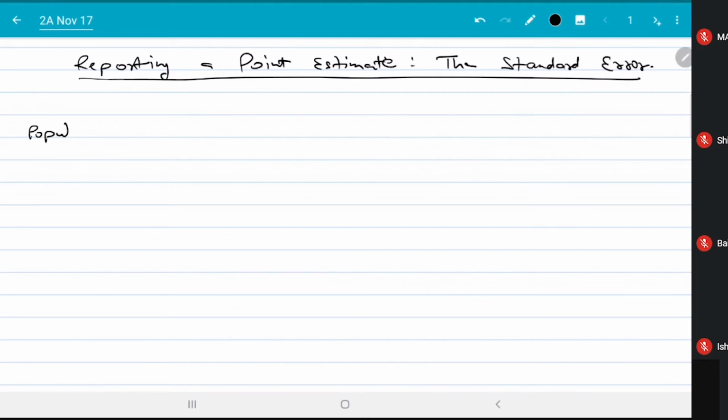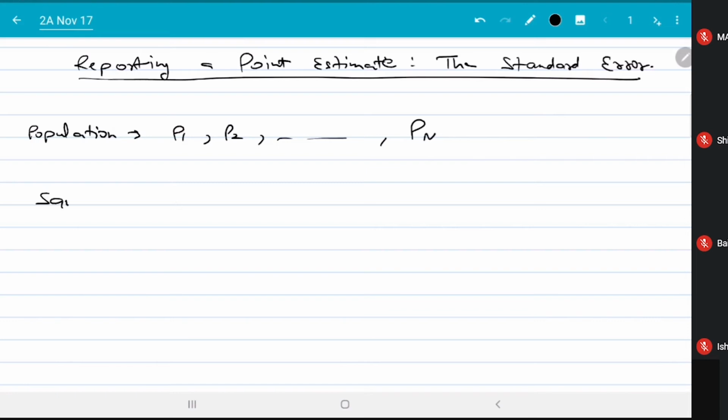To be very specific, let me write it in this notation. Suppose we have a population, where the subscript uppercase N is the population size.